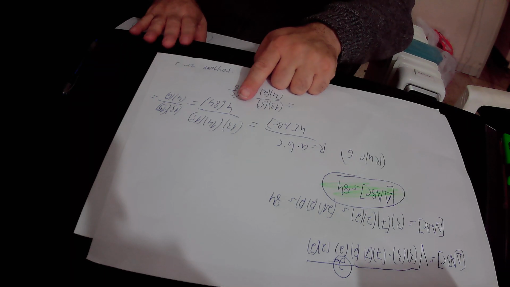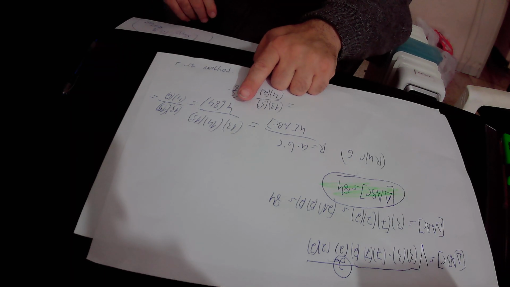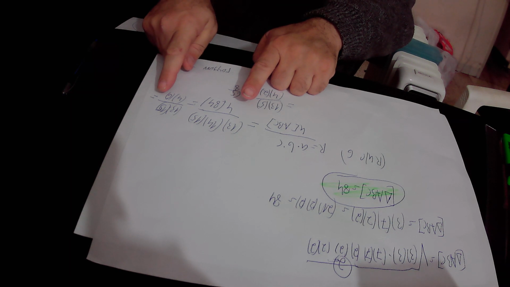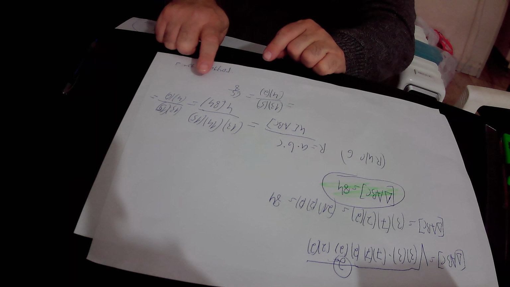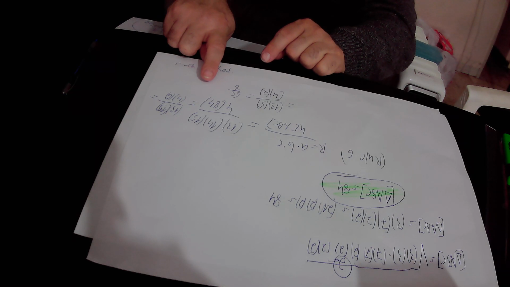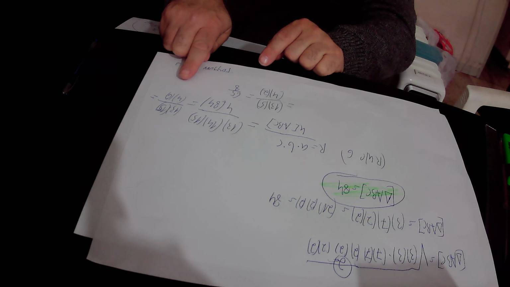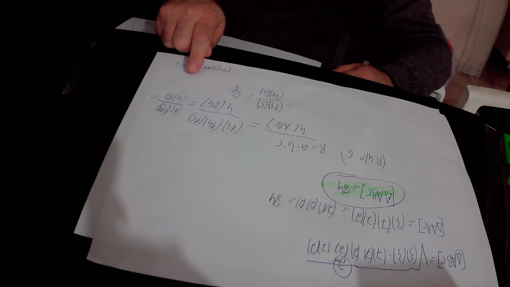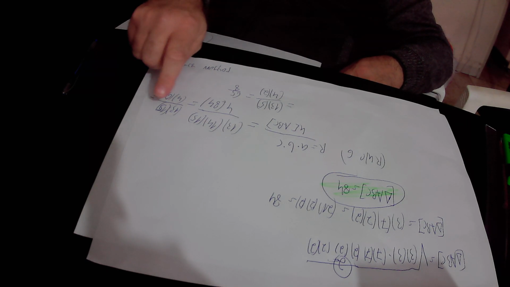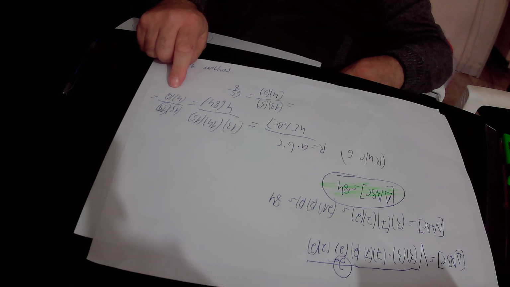Here we divided both the numerator and the denominator of this expression by 14. In the numerator we have 14, so 14 over 14 is 1, so we're left only with 13 times 15. In the denominator we have 4 times 84 over 14 is 6. So after we divided by 14, we're left only with 4 times 6. In the next step, we divided both the numerator and the denominator by 3.